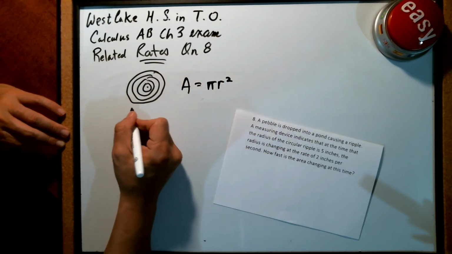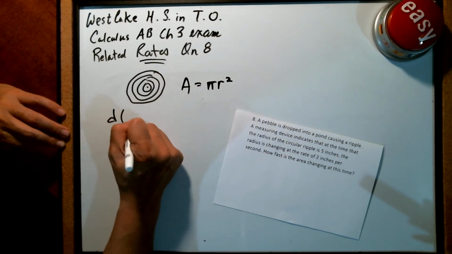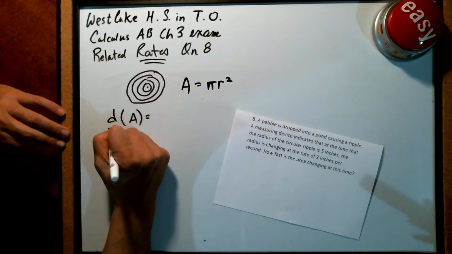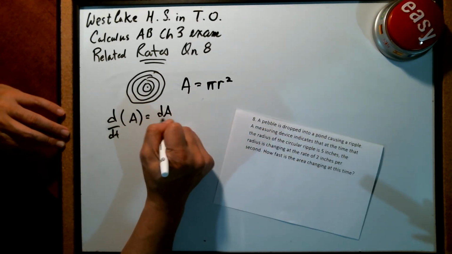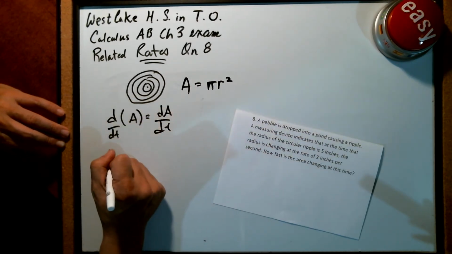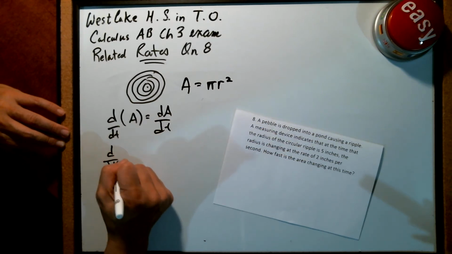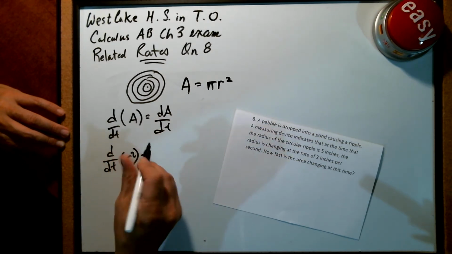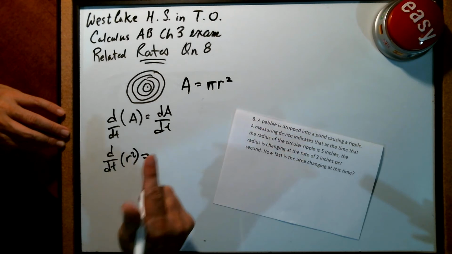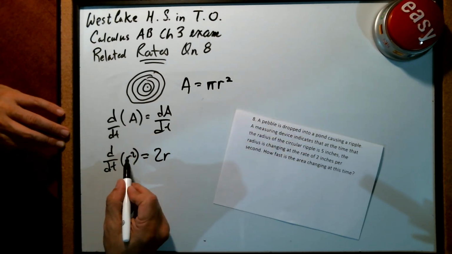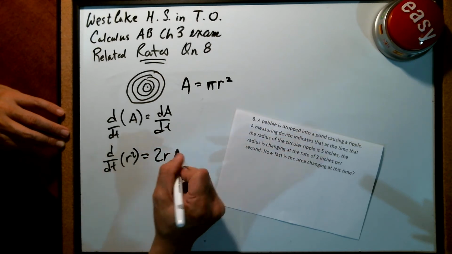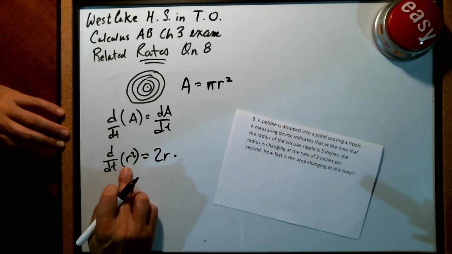And there it is. When you take the derivative of A with respect to time, of course, you end up with dA/dt. If we take the derivative with respect to time of r squared, the derivative of r squared is going to be just 2r, because using the power rule, we take the 2, bring it on down, subtract 1, 2r, times the chain portion.